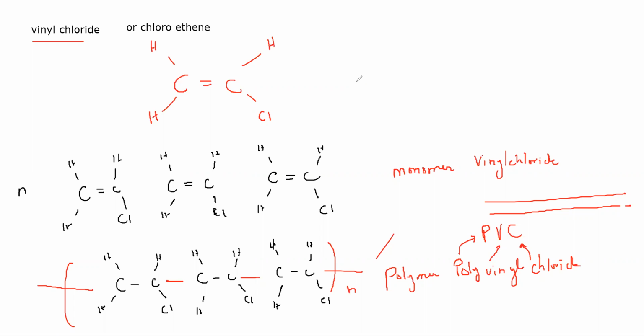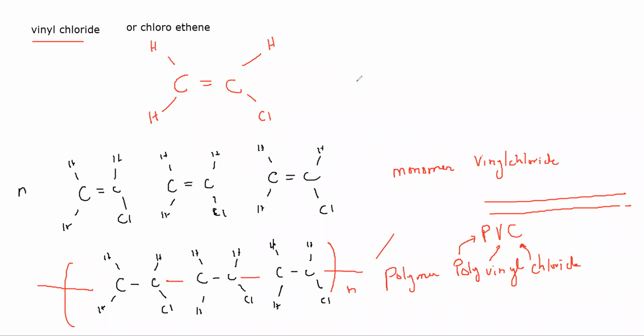I use the term vinyl chloride, but from an exam point of view, they will give you either the name of the monomer and ask the name of the polymer, or the name of the polymer will be there and they may ask you to name the monomer. Sometimes the structure of the monomer is given and you have to draw a polymer, and sometimes the structure of the polymer is given and you have to identify the monomer.